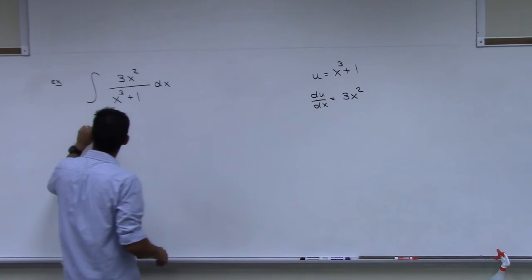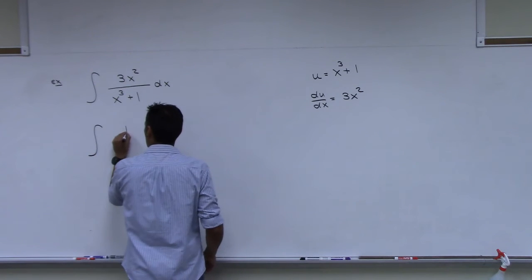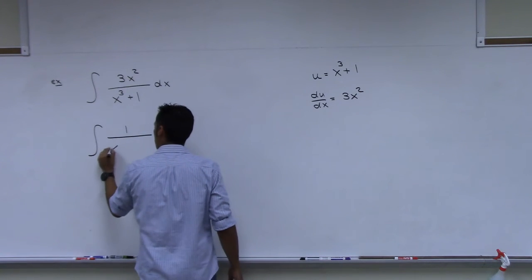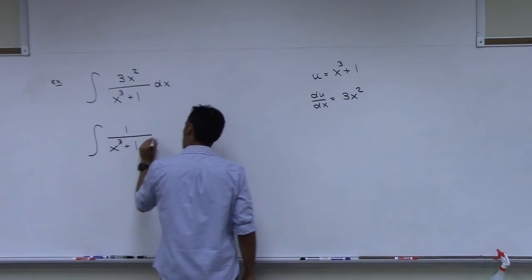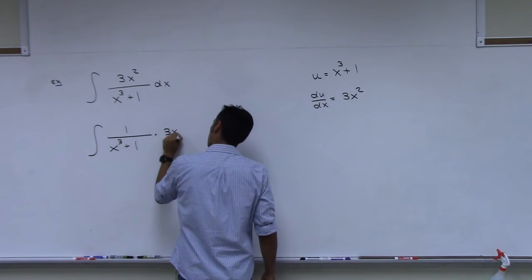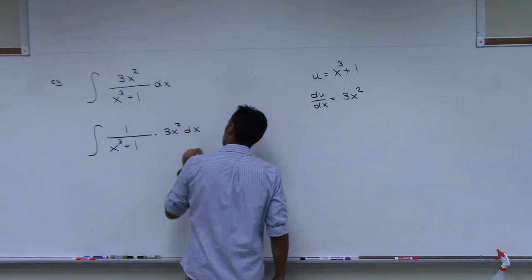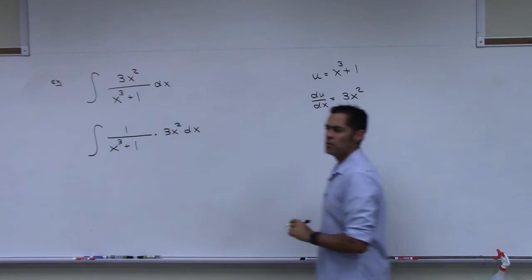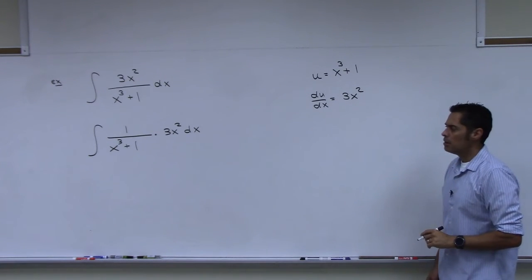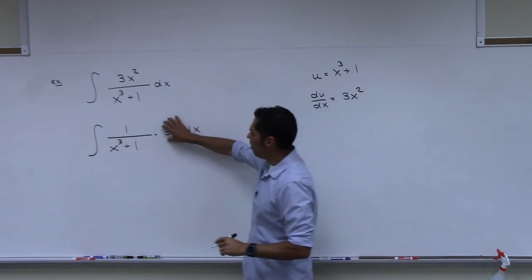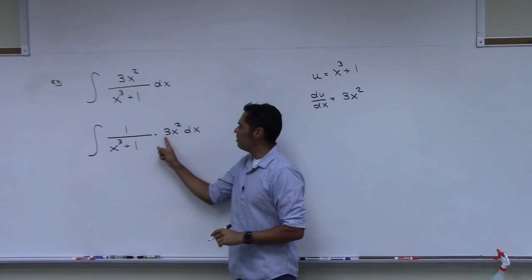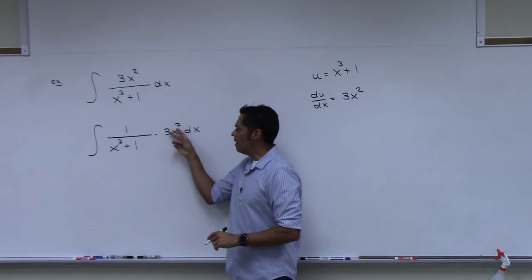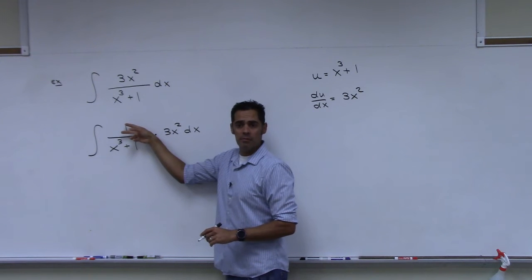I'm going to do something here to help you see this a little bit better, hopefully. Do you all agree that that's the same expression? If you have this 3x squared out here being multiplied, this is really like 3x squared over 1, and that 3x squared would just go on top.